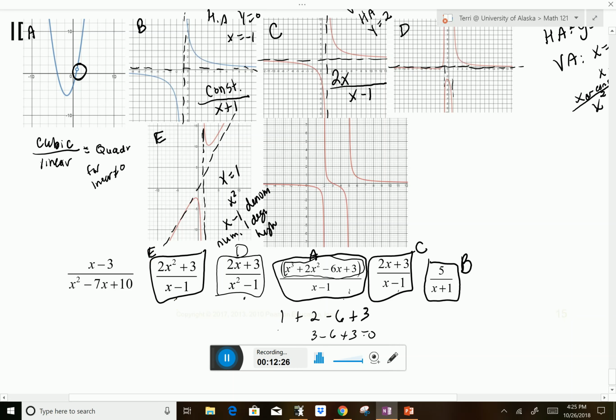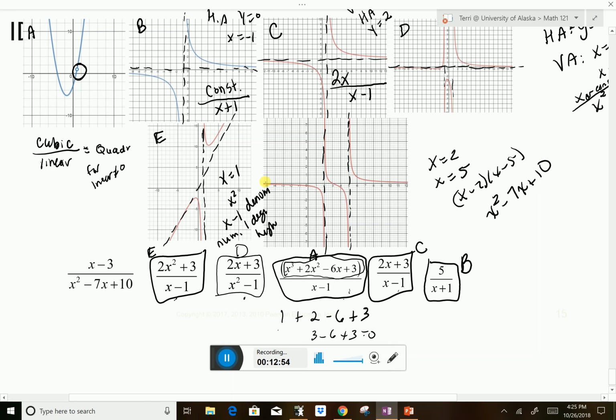So now let's look at this one. Looks like we have 2 vertical asymptotes: x equals 2 and x equals 5. So x minus 2, x minus 5. It looks like our denominator would be x squared minus 7x plus 10.